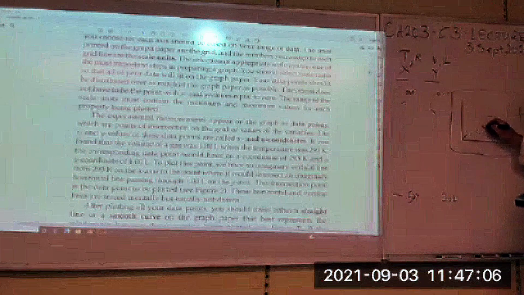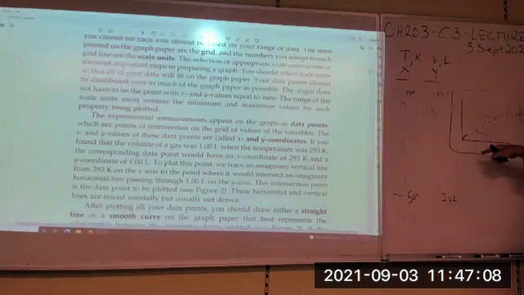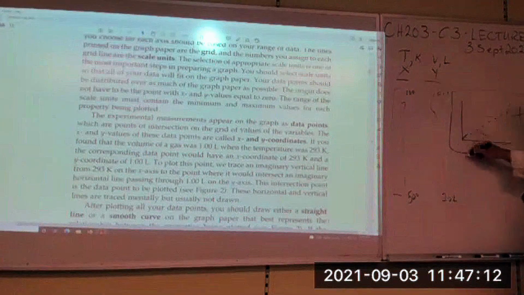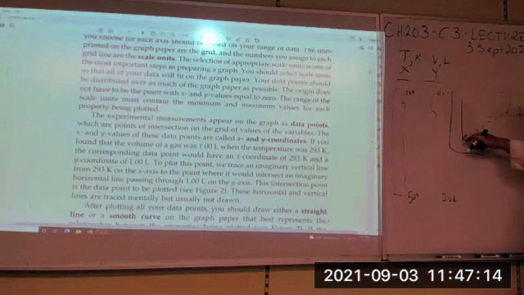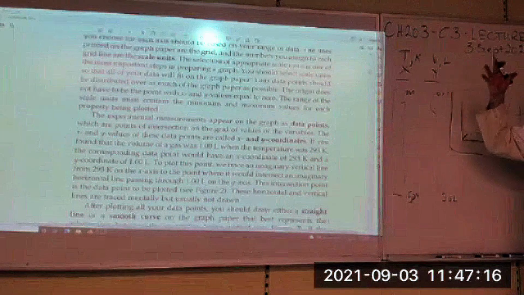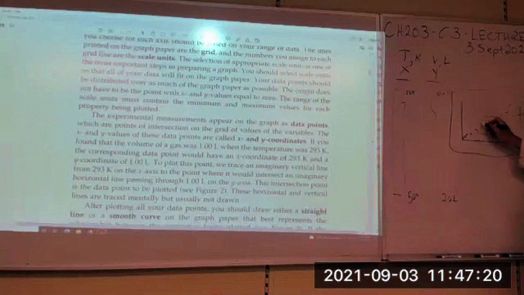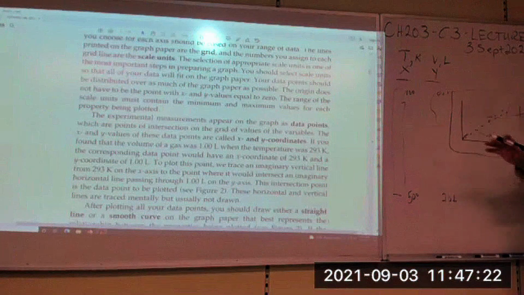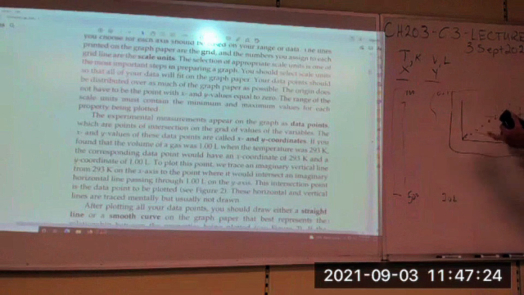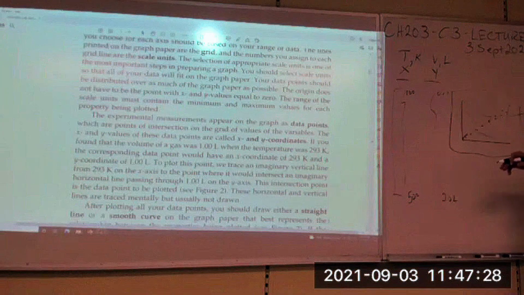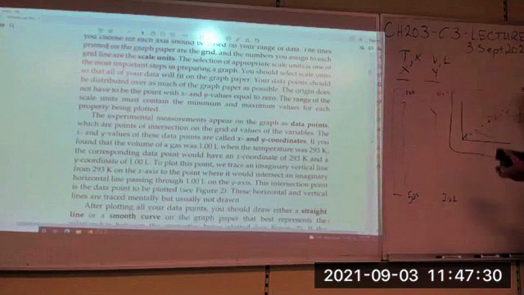So you want your data points to be spread out like this. That means you've got to consider the x-axis range and the y-axis range to maximize it. Then your points will spread out over the entire graph, and you can see minor variations a lot easier. It's also easier to draw a best fit curve when they're spread out.